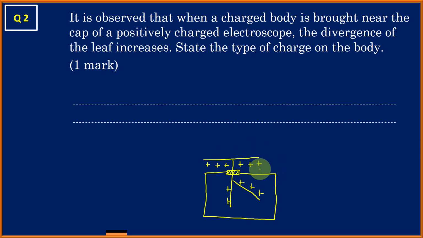What it means is that this electroscope has got more protons than electrons. That is why it is positively charged. Remember, a neutral body has the number of protons equal to the number of electrons. That is what a neutral body is.